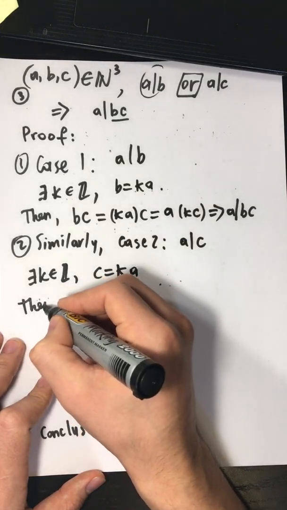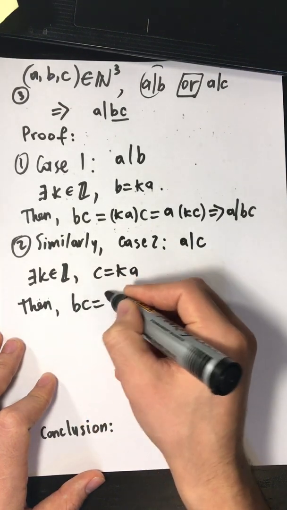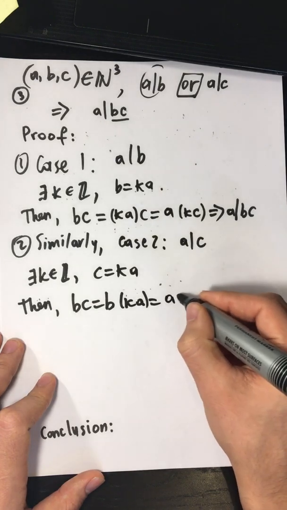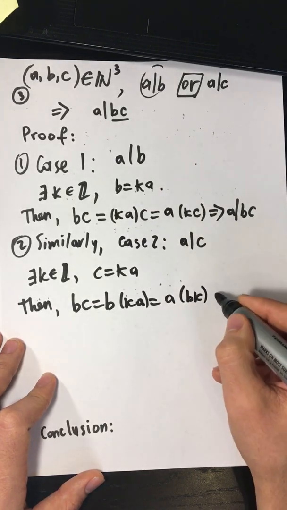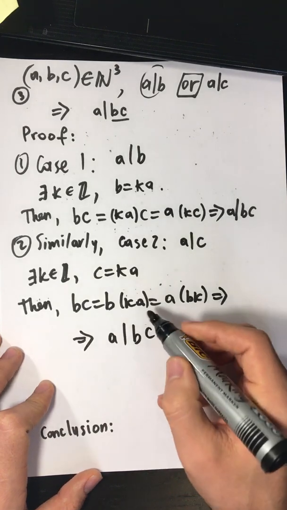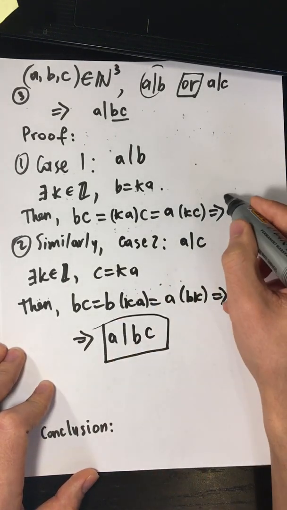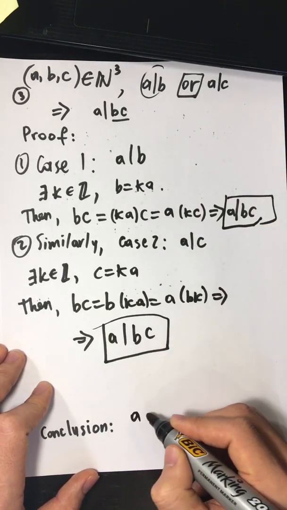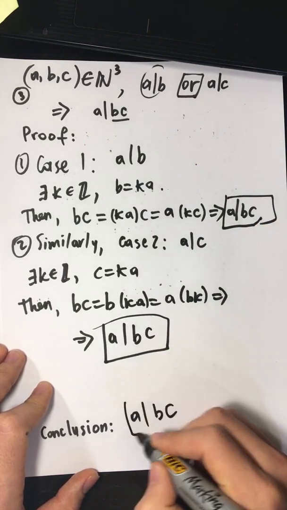Then BC is equal to B times KA. This is equal to A times BK. This means that A divides BC. Based on case 1 and case 2, we can conclude that A divides BC. Okay, that's it. Next.